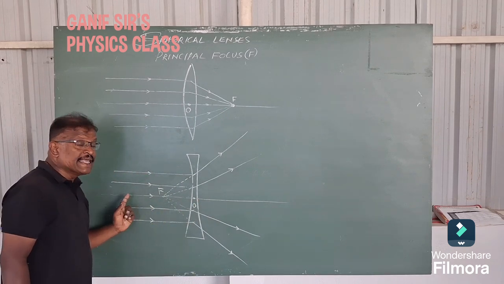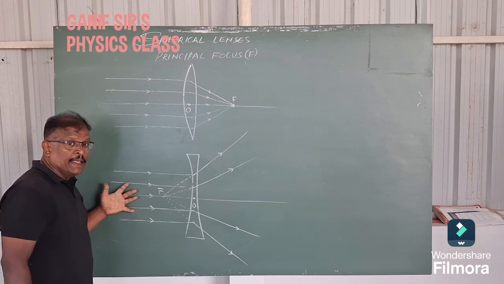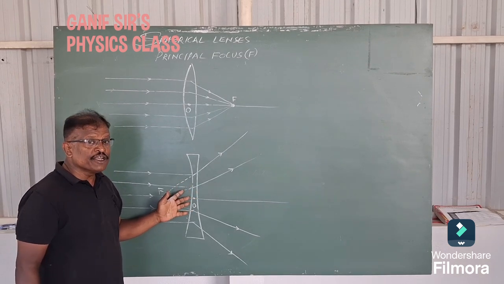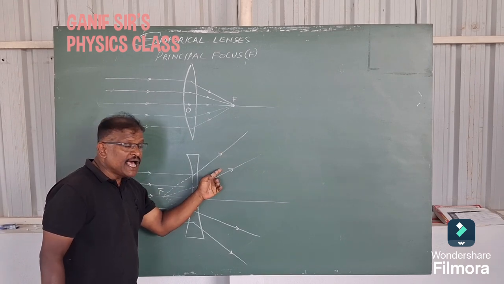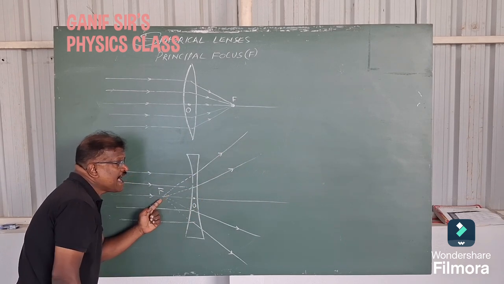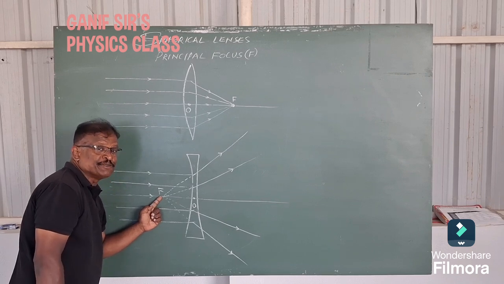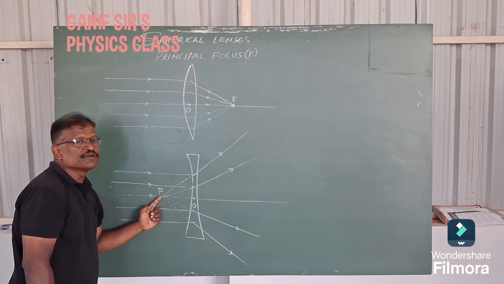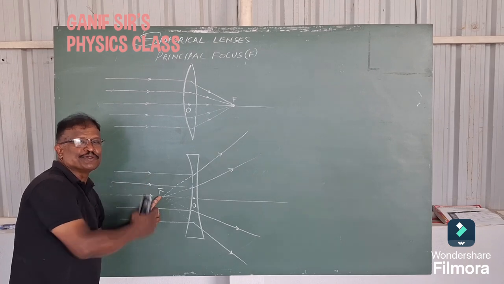Whereas in the case of a concave lens, when a ray parallel to the principal axis gets incident on it, after refraction it appears as if these rays have diverged from a point on the principal axis, and that point is the principal focus of a concave lens, which is imaginary, which is virtual.